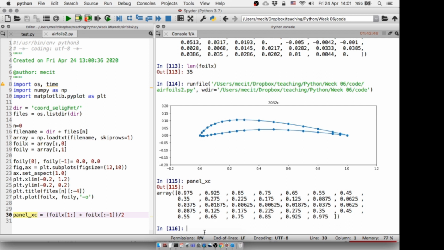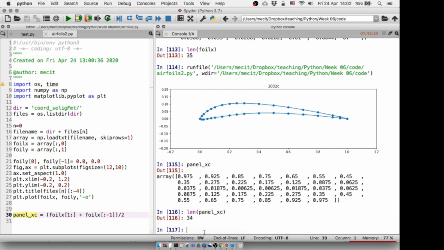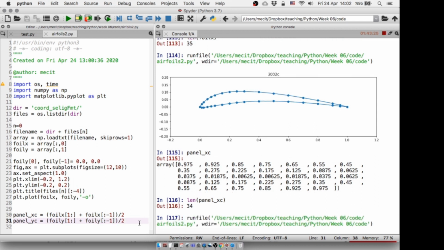Okay, let's have a look at its length. 1 minus the number of x coordinates. Likewise, I will do this for the y centers. So the y center of a panel is the y coordinate of the forward point plus the y coordinate of the point before that over 2. So let's run this.